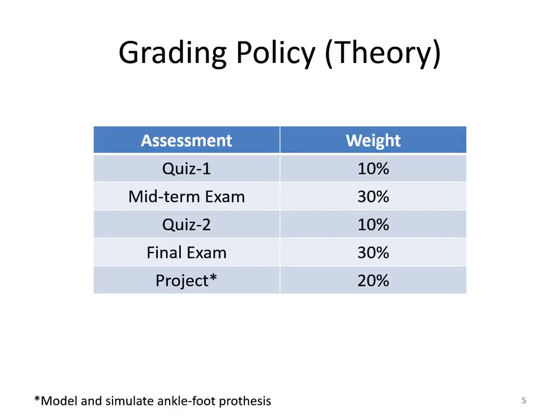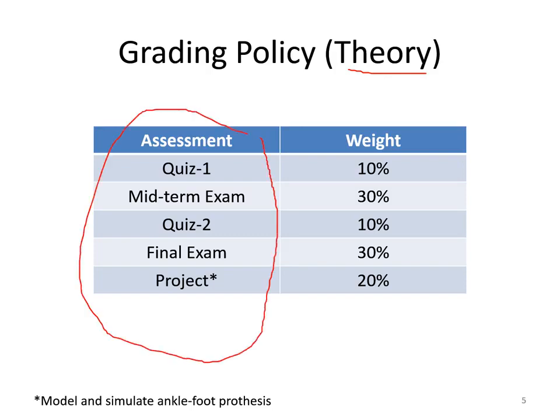The grading policy will be as follows. As far as your theory part is concerned, we're going to have 5 different assessments, including quiz 1, quiz 2, midterm exam, and the final exam, with the corresponding weights shown here.